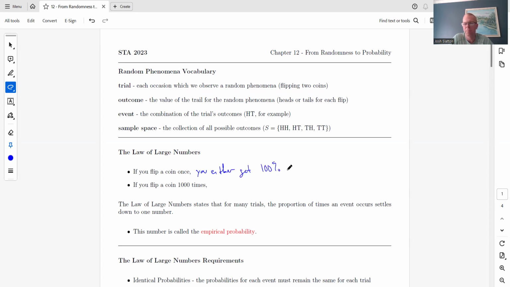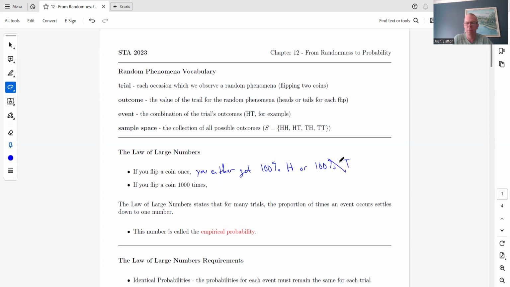you either get 100% heads or 100% tails. Obviously we know that if you flip a coin, the probability you get heads is 50%. But if you only flip it once, you cannot get 50% heads. You either get all heads or all tails, or we could say 100% heads or 0% heads.